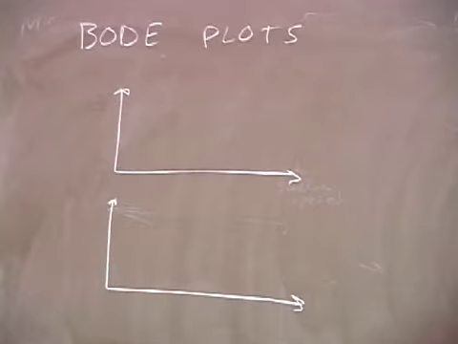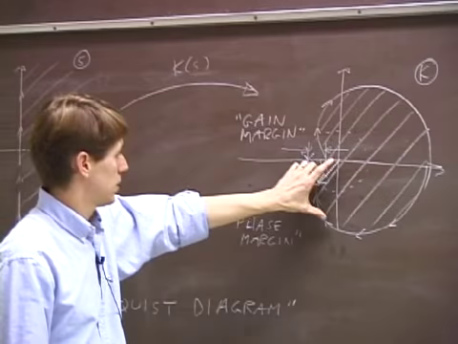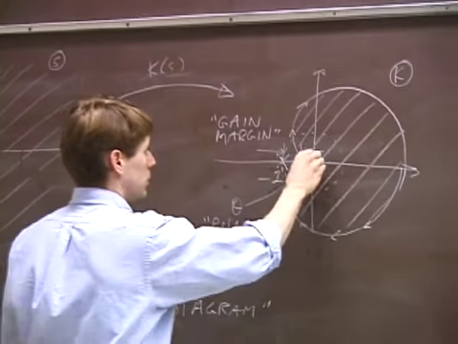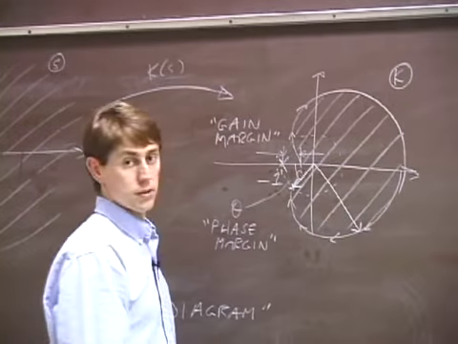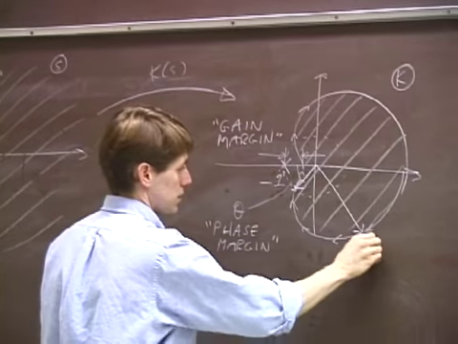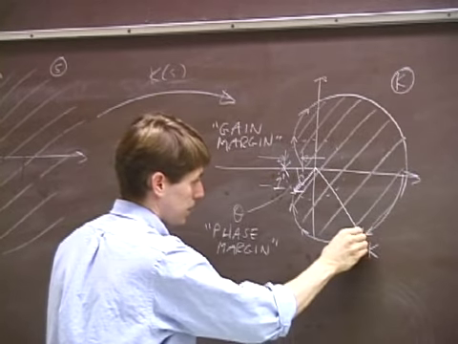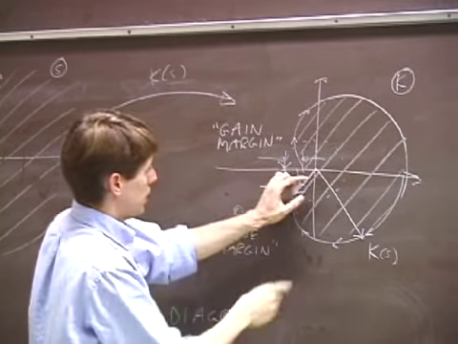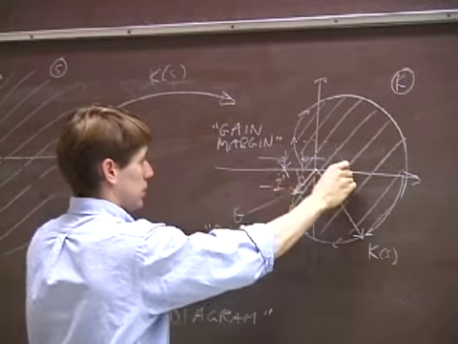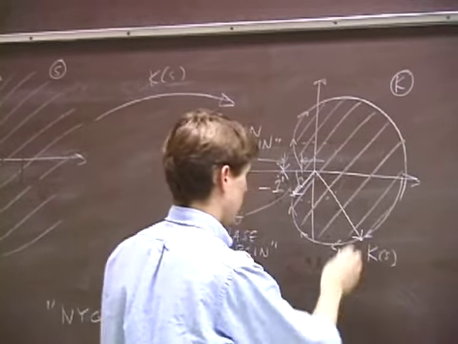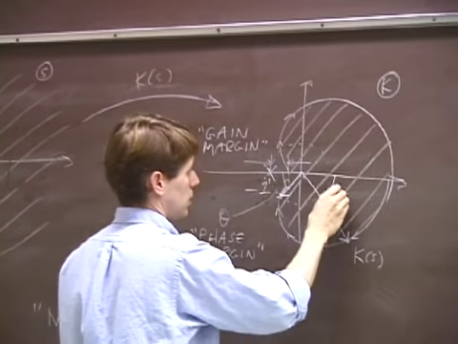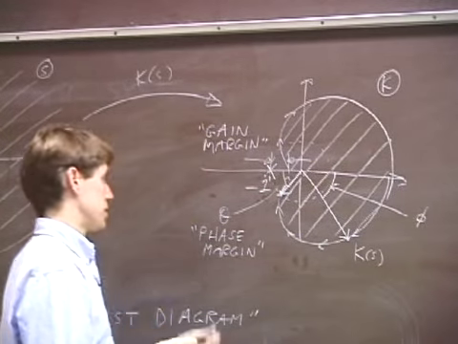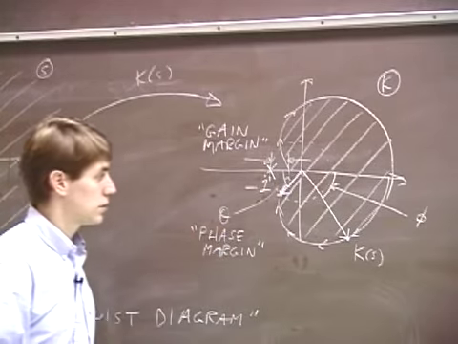Here, this is a two-dimensional plot, and this plots the magnitude and the phase of this K vector, which runs along the boundary of this set. So this is a complex number K of some S. This thing has a length and it has an angle. I'm going to call that angle phi, which is separate from the phase margin, which I called a different symbol, theta.